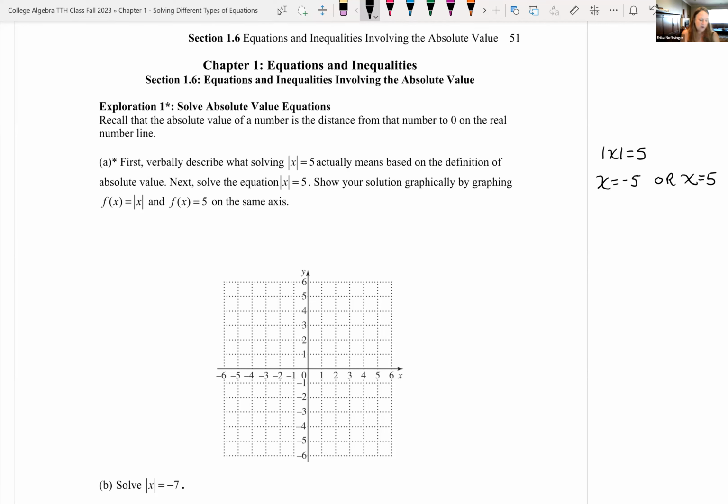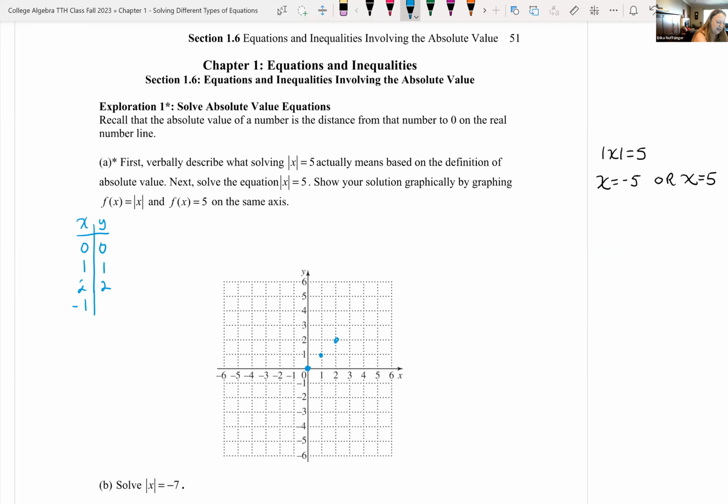If we were to graph the absolute value of x, if you need to, you can plot points. Let's just do that really quickly. I know if I plug in 0, the absolute value of 0 is 0, so I have a point at (0, 0). If I plug in 1, the absolute value of 1 is just itself, 1. Absolute value of 2 is 2.